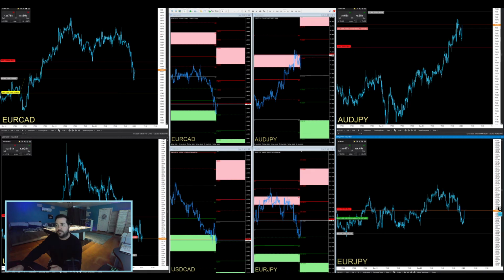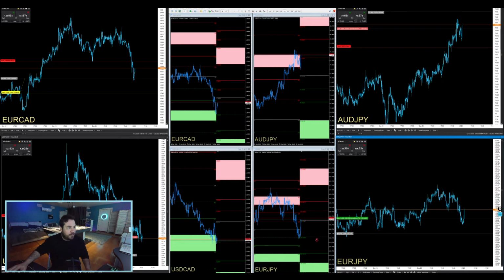There we go. You can see price is sitting right at central pivot right now. Okay, here we go. We're still sitting at central pivot right now, so let's go ahead and just dismiss that for now, and I'll keep an eye on it.